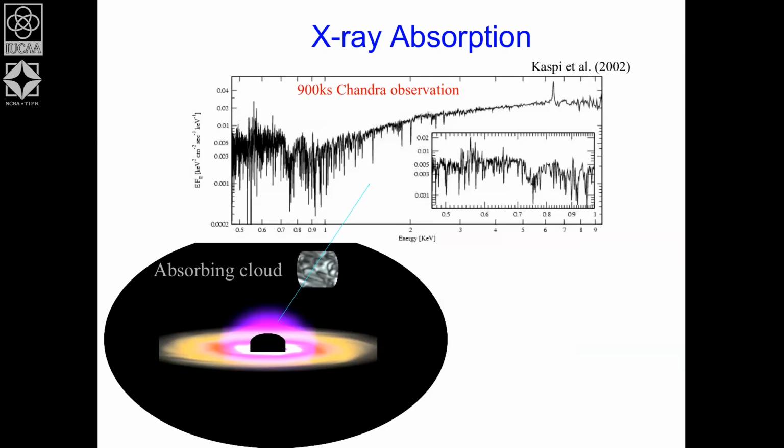It looks like noise, but they are actually real features. These features are due to some kind of absorbing cloud which is giving rise to these numerous absorption lines. The radiation from this hot corona central region is passing through some kind of cloud, and this is giving rise to a huge number of absorption lines.